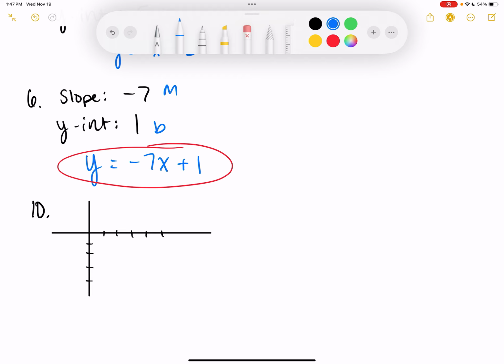I have a point at 0, -4, and I'm writing on here what they would have given you. And then a point at 4, 0.